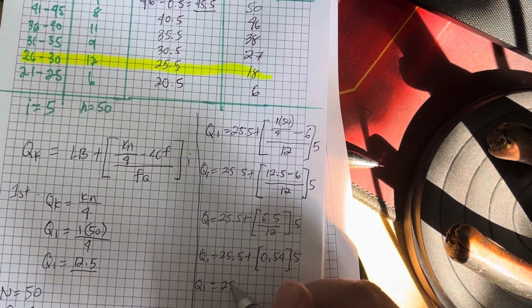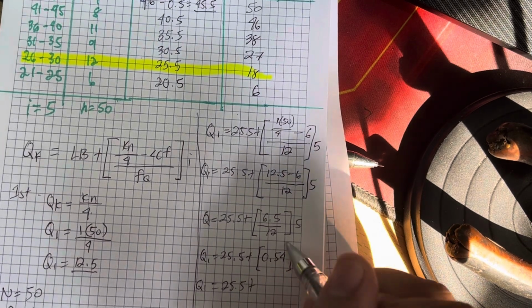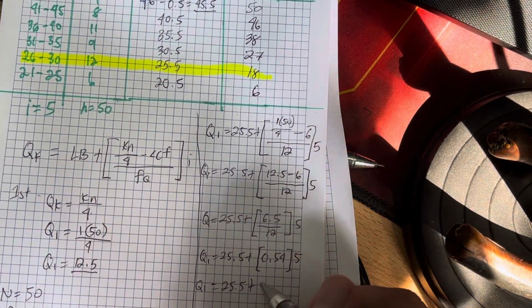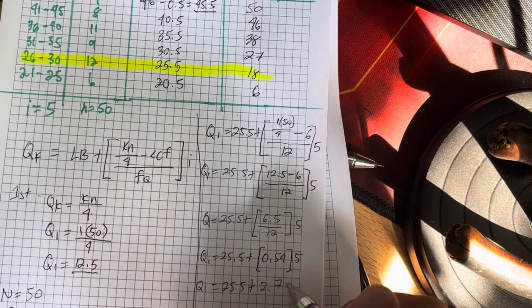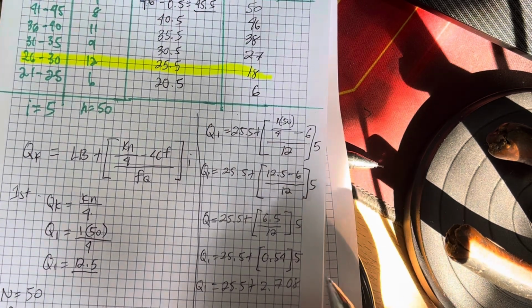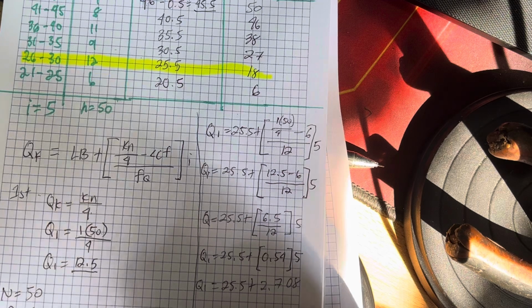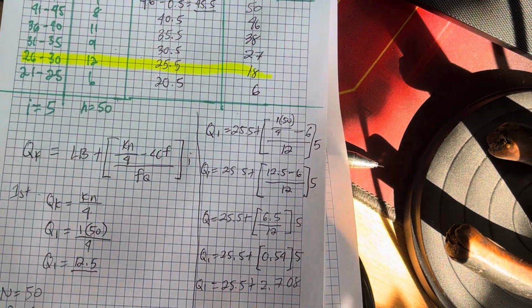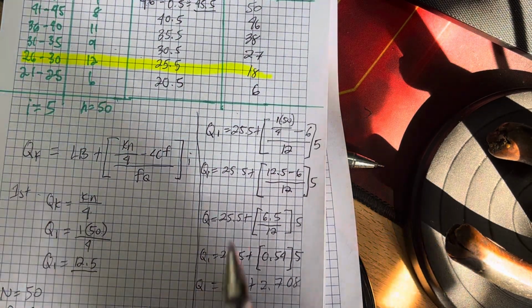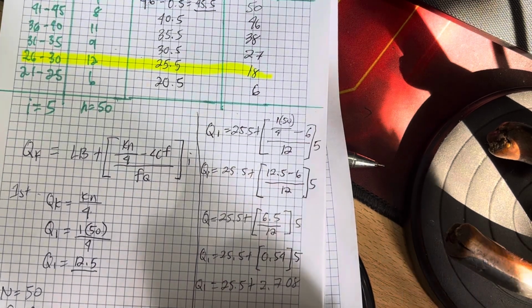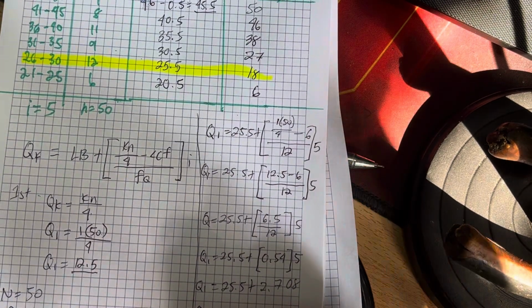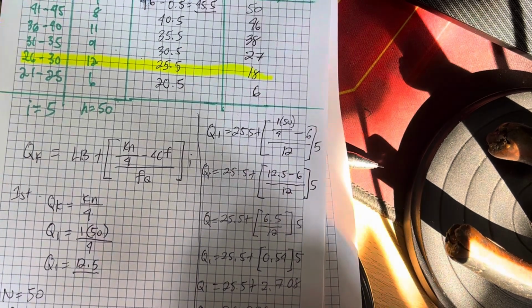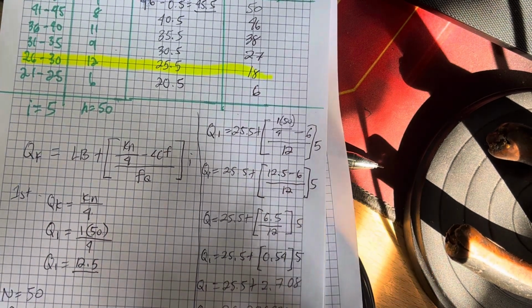So that is equal to Q1 is equal to 25.5 plus 0.5 times 5, that is 2.708 and so on. And then add plus 25.5, that would be Q1 is equal to 28.208333 and so on.